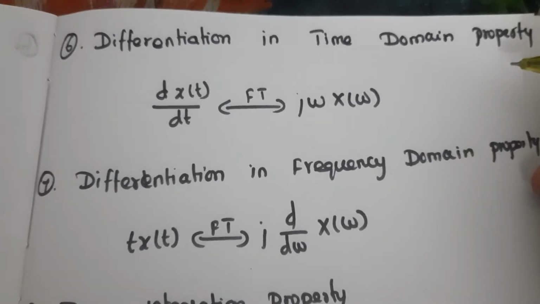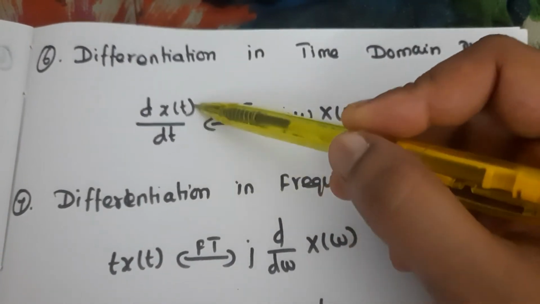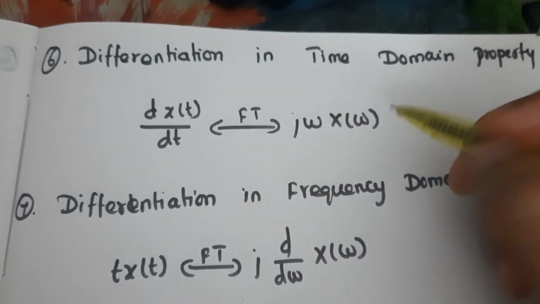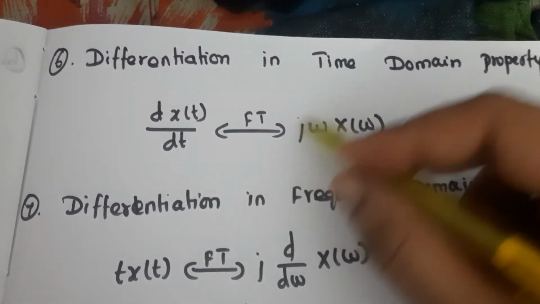Next property is the differentiation in time domain property. The differentiation of x of t gives j omega into X of omega in the frequency domain.